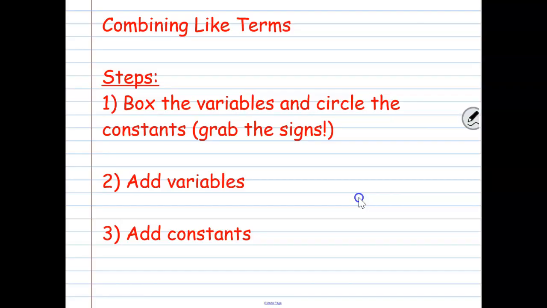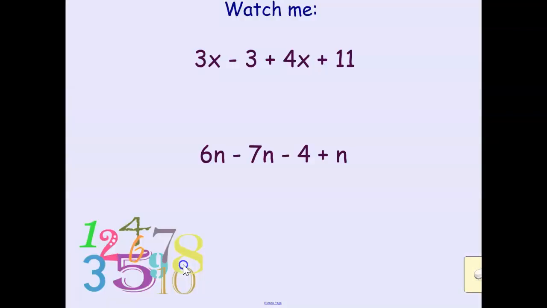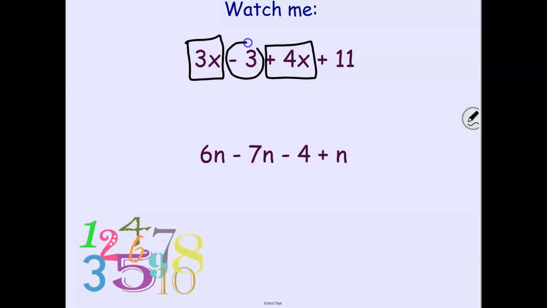All right, so go ahead and pause and copy down these steps. The way we're going to do it on paper is we're going to box our variables and circle the constants. We're going to make sure to grab the signs like we did back when we were dealing with integers. Then we're going to put our variables together that are the same variables, and then we're going to put our constants together. Okay, so step 1, box the variables, and I'm going to circle the constants.